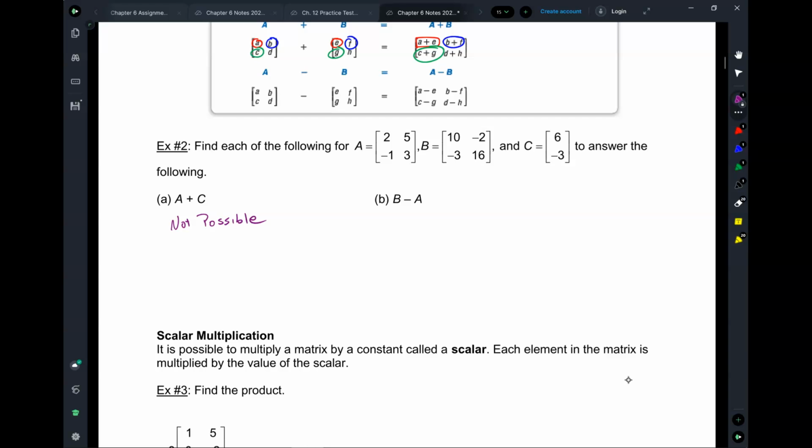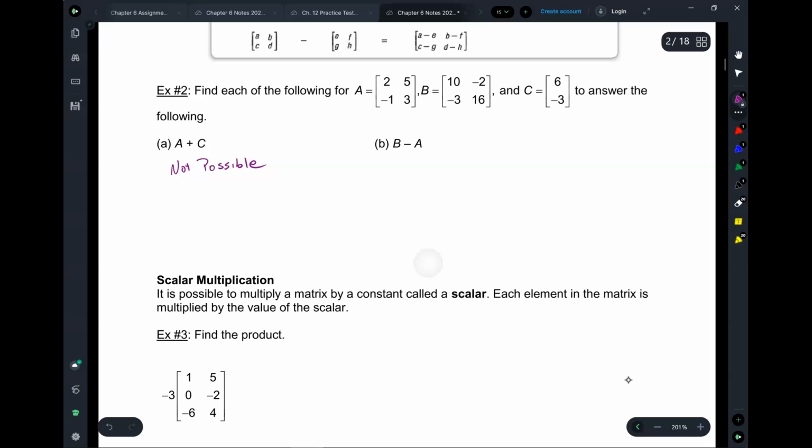I love matrices. When you're subtracting or adding or whatever, always rewrite them in the order that you want to do the operation. Because the only thing that can get you into trouble here is you lose concentration. That's it. Okay. So we're going to do B minus A. So this is B minus A.